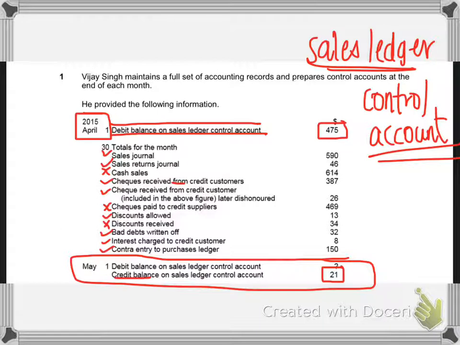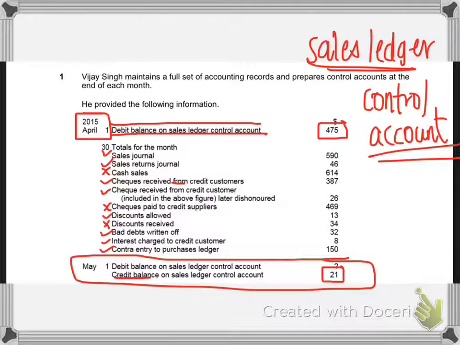Then we will also take this 21 amount on the debit side before the totaling part, and consider it as balance carried down, 21 amount. I'll be showing it to you.